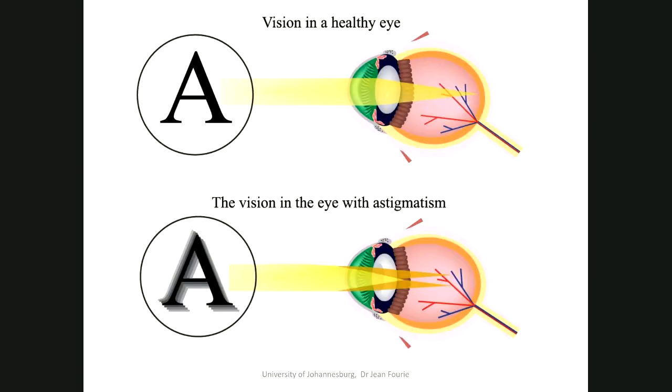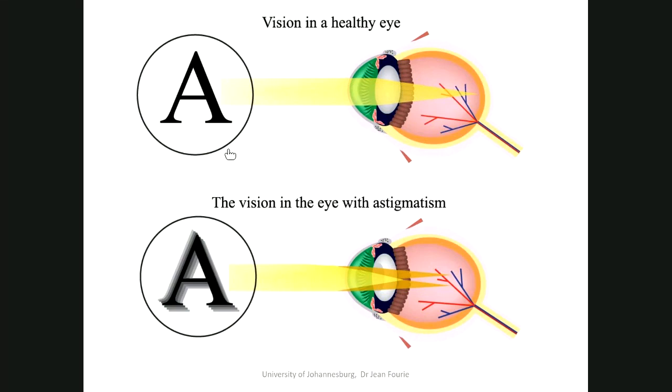So what it looks like, if you have a good healthy eye and the light is coming into the eye through the lens, through the vitreous humor, focusing properly and clearly on the retina, you will see letters nice and with acuity that is sharp, and you will be able to see clearly.